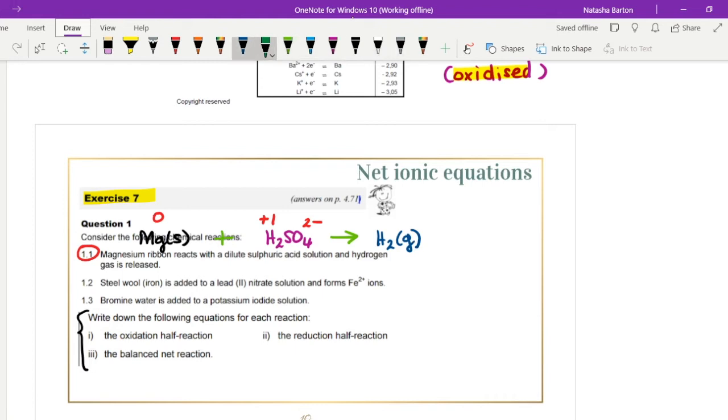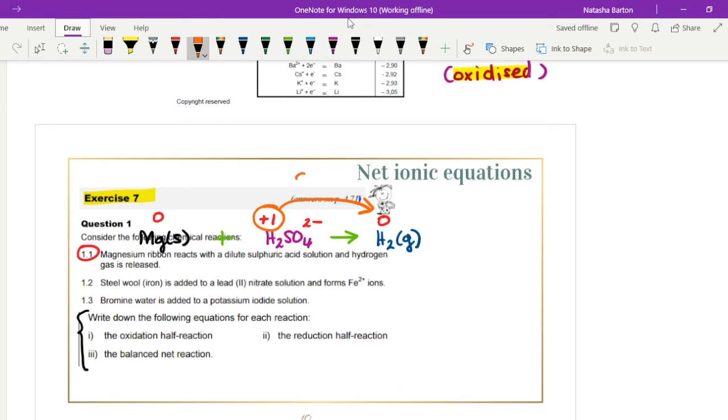On the right hand side, hydrogen has the oxidation number of 0 because it's just hydrogen. It's just 2 hydrogen atoms. That means it's an element because it's made up of one type of atom, and therefore its oxidation number is 0. Looking at this, you should realize that our hydrogen goes from an oxidation number of +1 to 0.